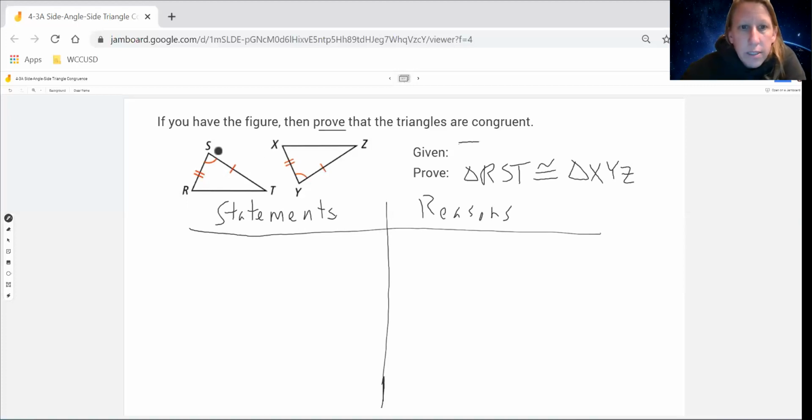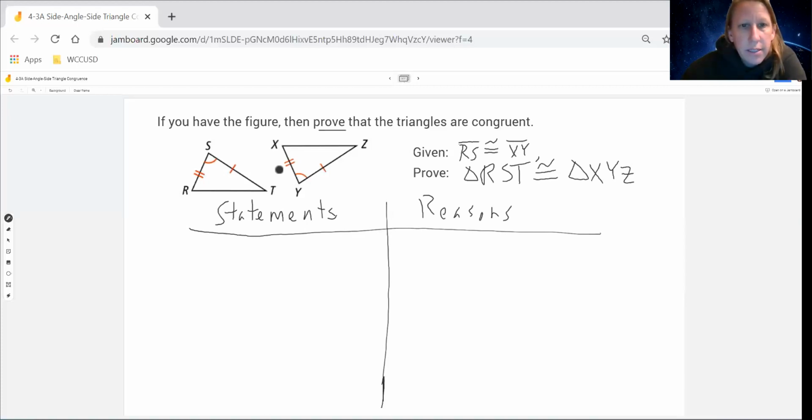Okay, what is marked in the figure? What's given to us? Well, we know that line segment RS has the same mark as line segment XY. This is how we would write that given information.